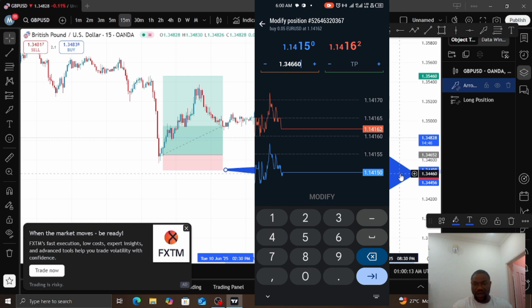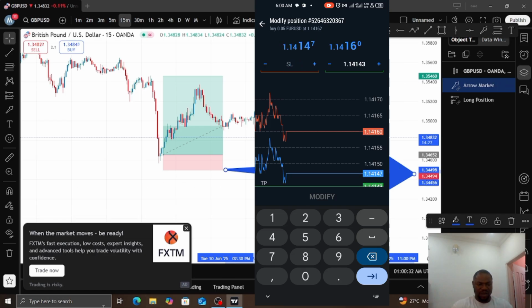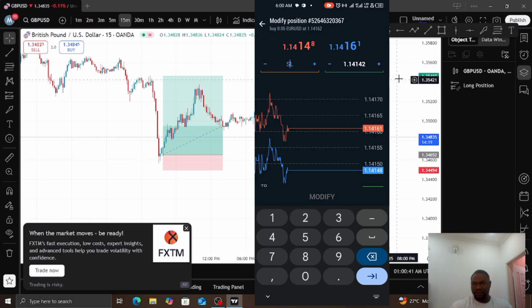You insert it here at 1.34660. So this is your stop loss. This trade has already been taken, so I can't modify it, but you click here and modify. So if the market goes against us, we do that.